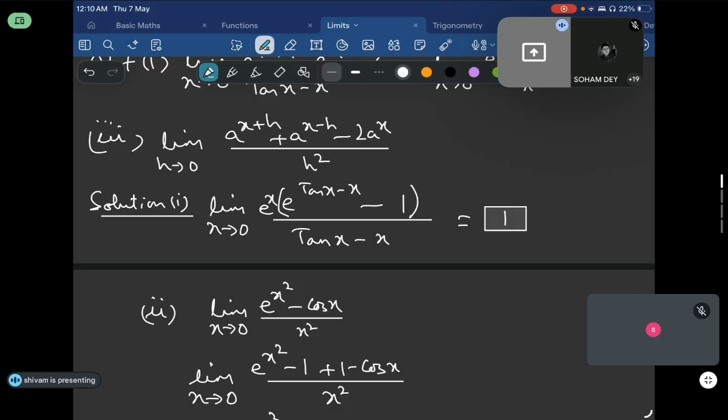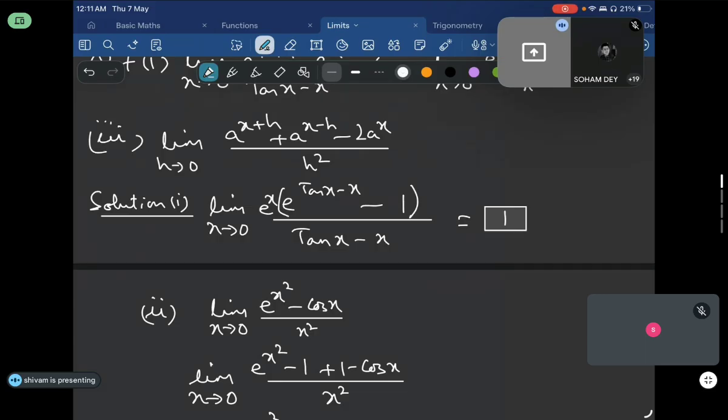Just keep on converting it into standard forms. Okay. Soham, check your answer again.